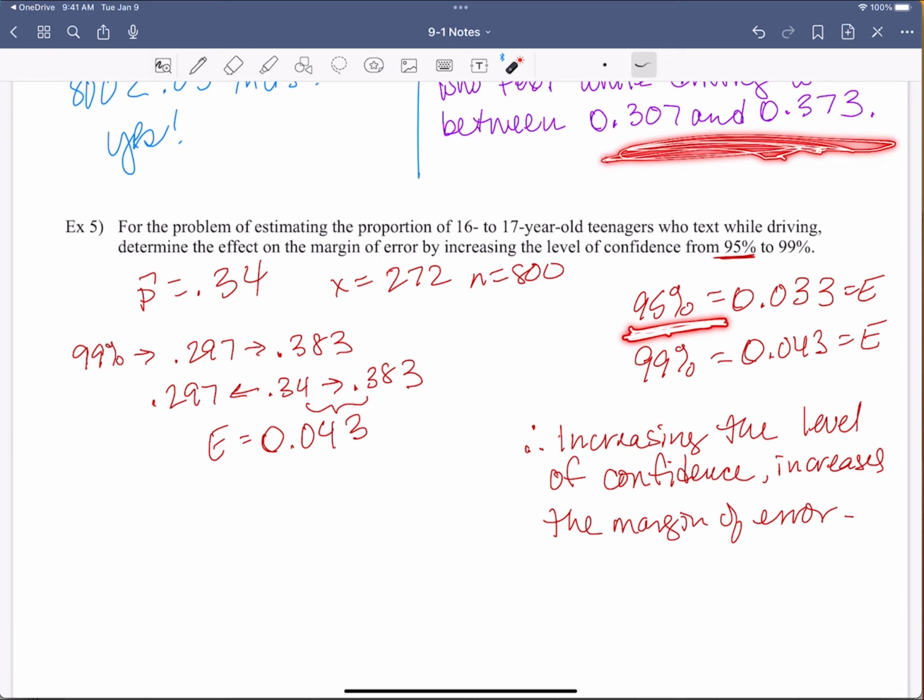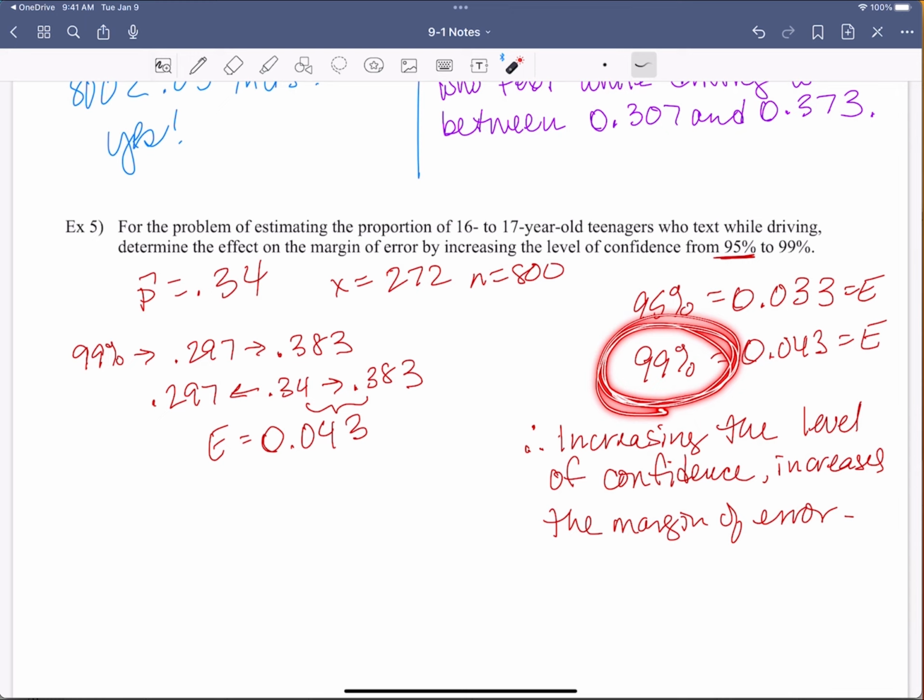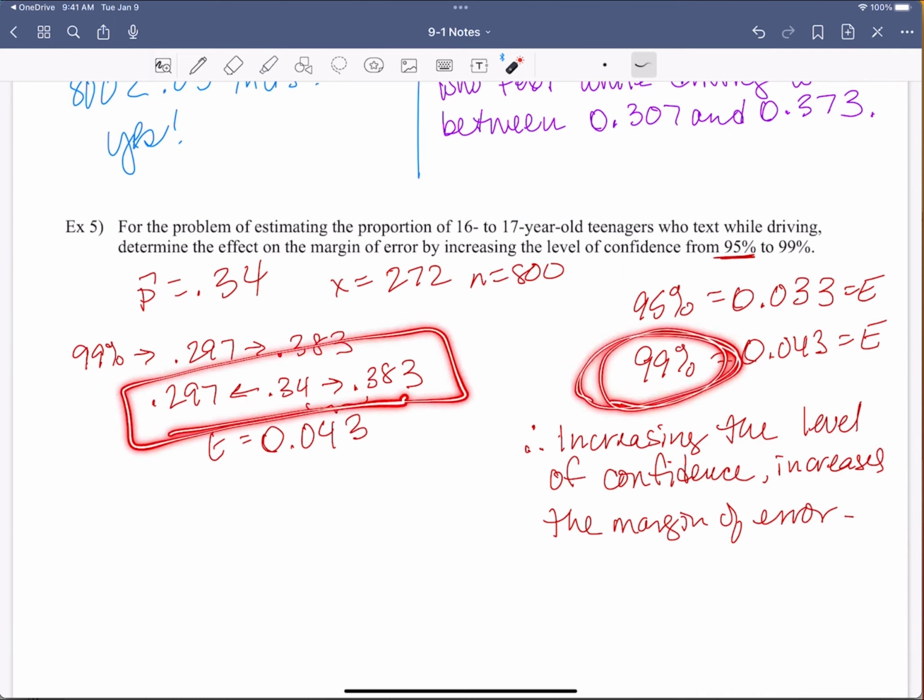I'm giving myself that 5% of could not be in there, right? Here, I'm saying 99% confident. Ooh, I got a nice big interval because I am almost guaranteeing that whatever my parameter is will be in this interval. So the more confident you are, the bigger your interval is going to be, which means your margin of error is bigger.